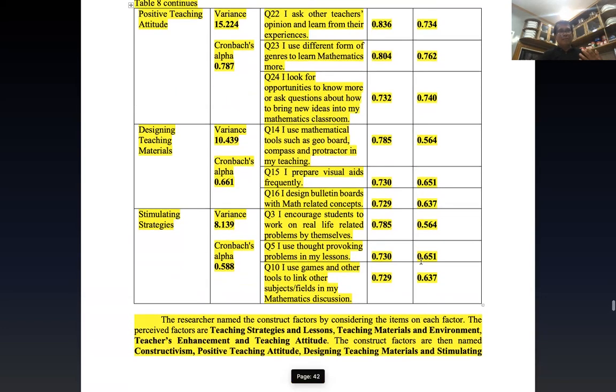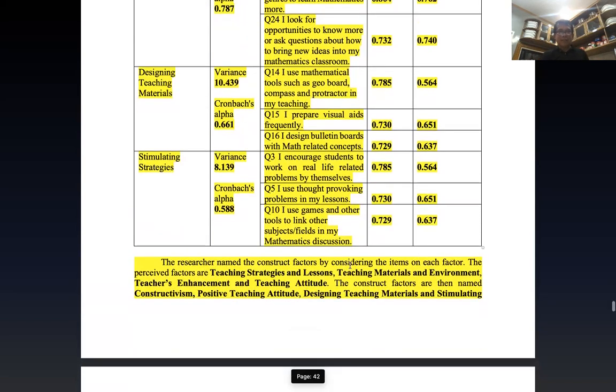If you count the number of factors, actually the same. The first one, 1, 2, 3, and 4. After the factor analysis, we have 1, 2, 3, and 4 also.